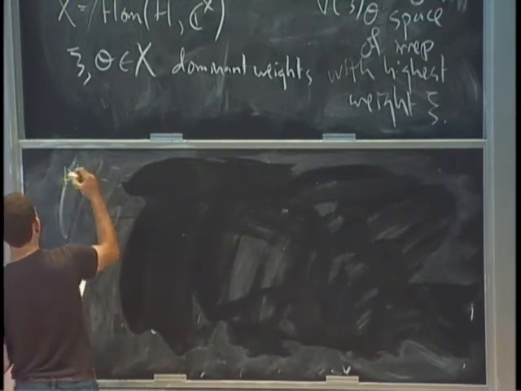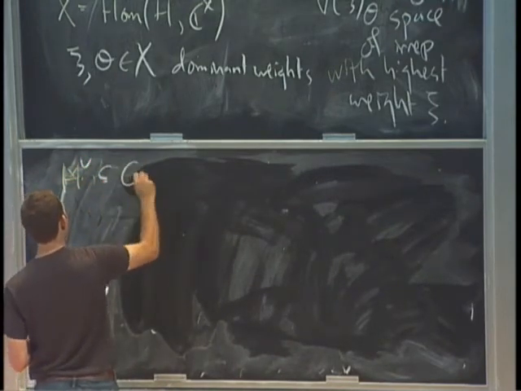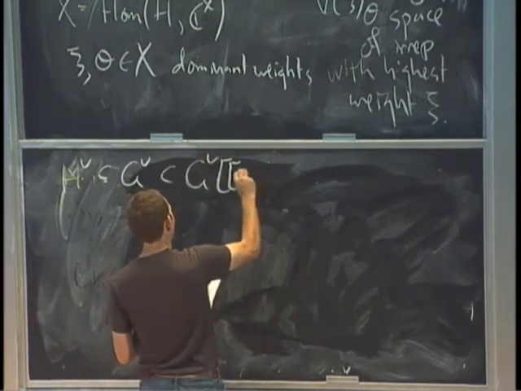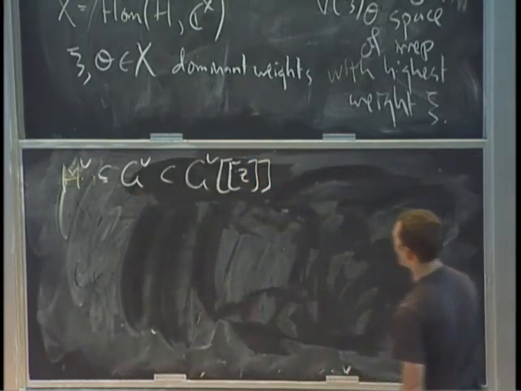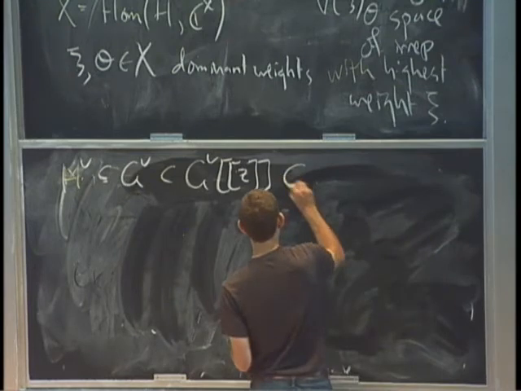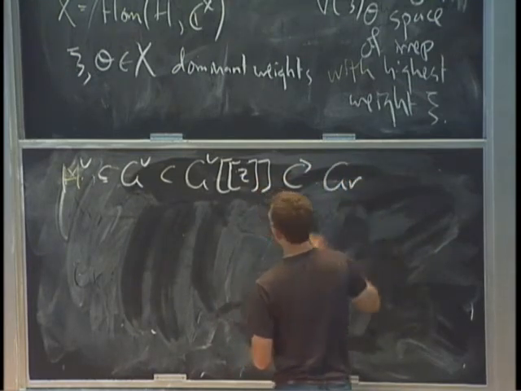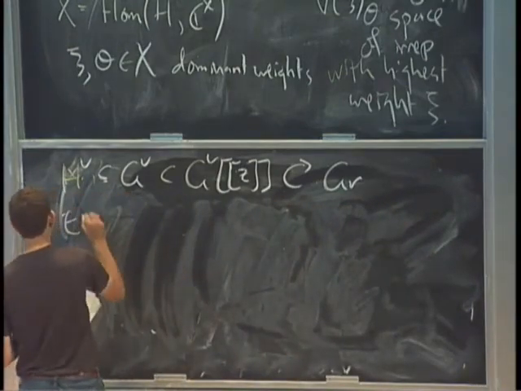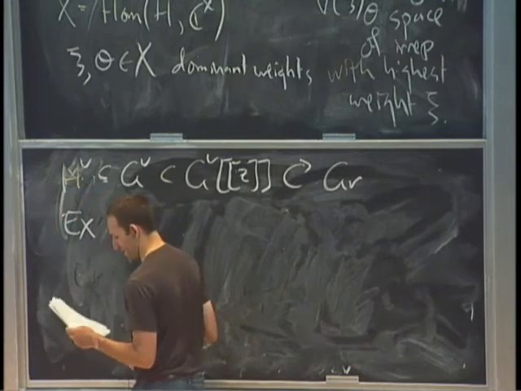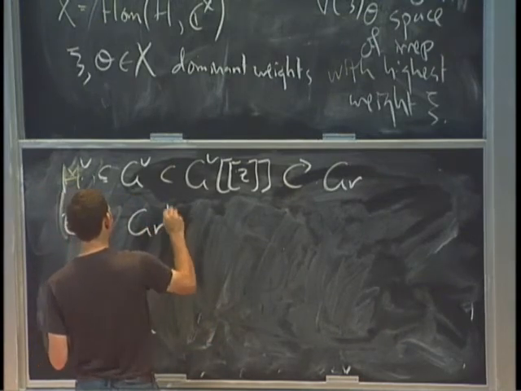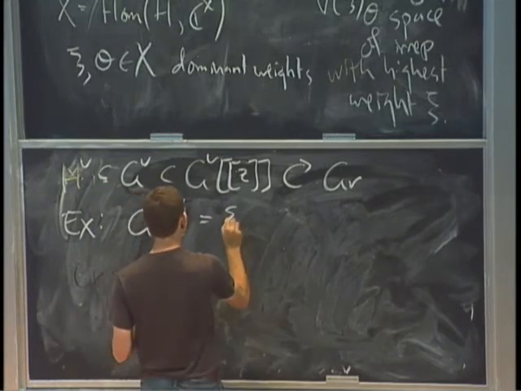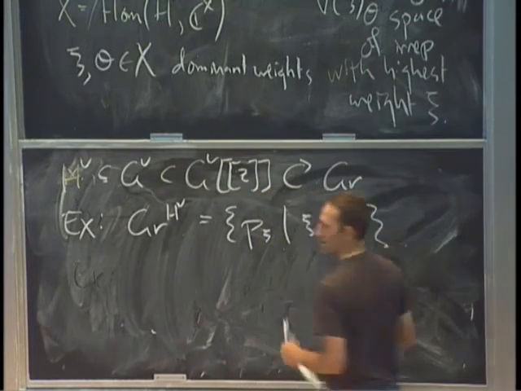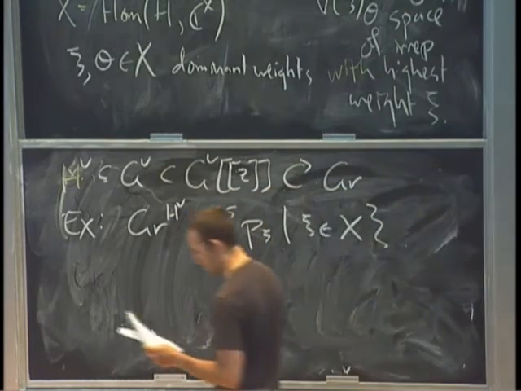H check sits inside of G check, which sits inside of G check of O, or G check adjoining z. And we've been talking about the action of this group on Gr just by left multiplication. So H check in particular acts on Gr. And an easy proposition, maybe I should call it an exercise since other people have been doing that, is to show that the fixed point set of Gr under the action of H check is actually equal to this set of p_ξ's. Okay, it's an easy exercise.